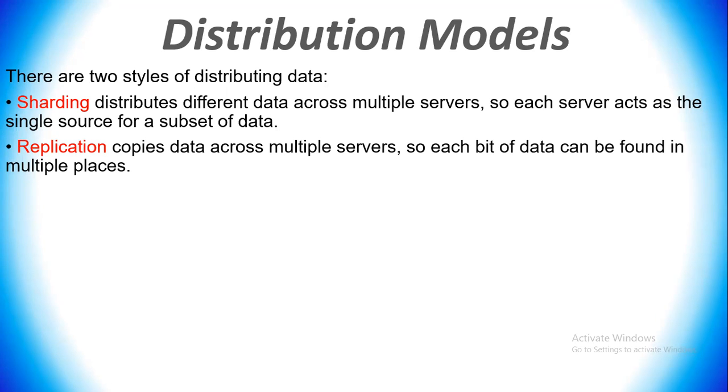Suppose that some of your data is stored in some server. If in case that server is down, there should be another secondary or tertiary way of having access to that data.